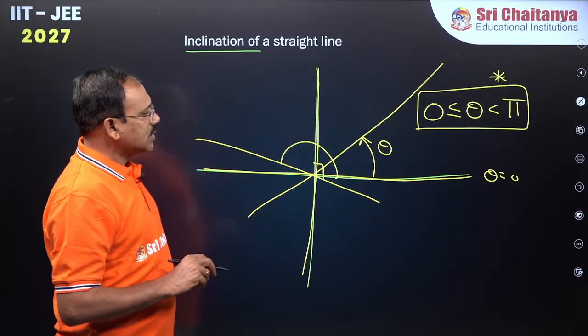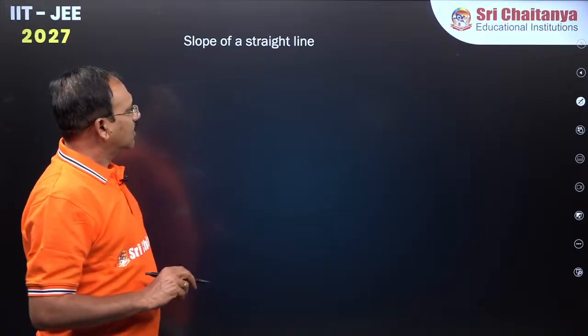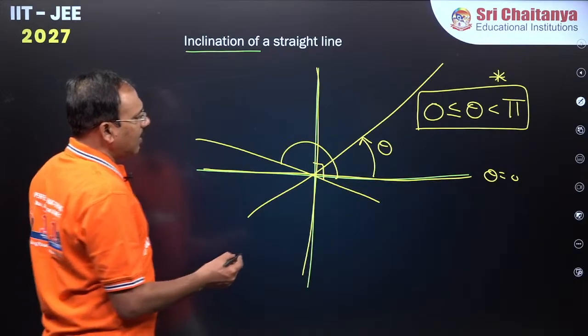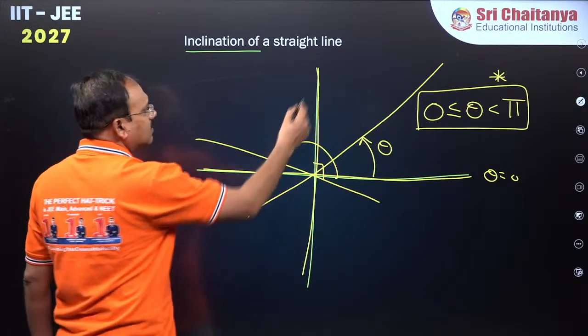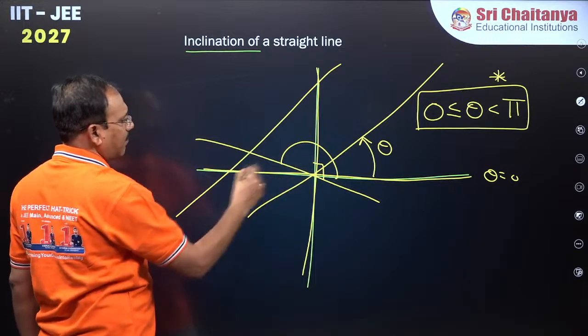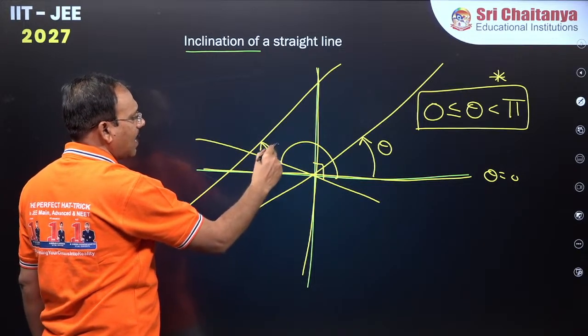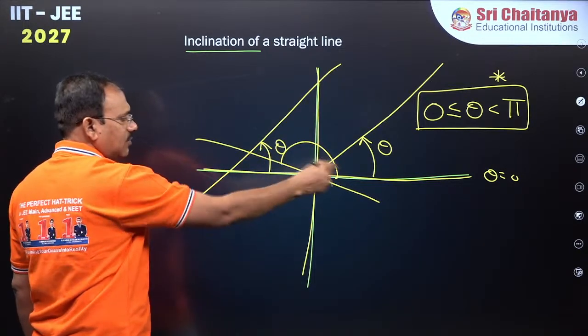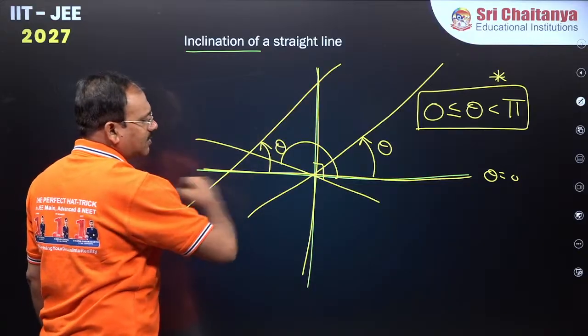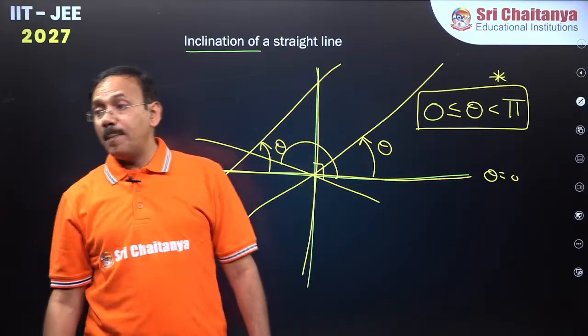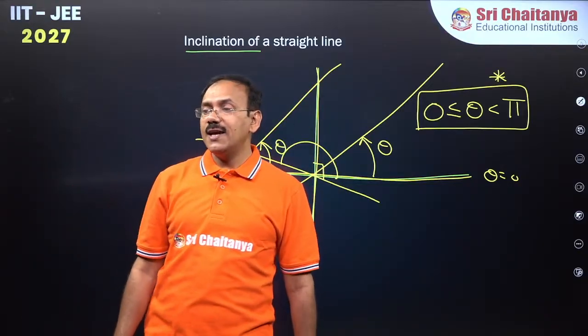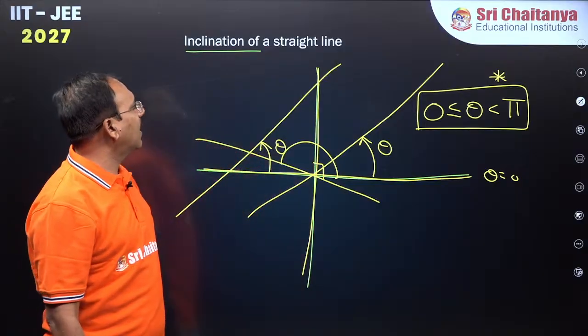Now next point, one more important point. If two lines are parallel, suppose these two lines are parallel, they will have the same inclination theta. You see, because these two are parallel and this is the transversal. For two parallel lines, inclination is the same, guys.